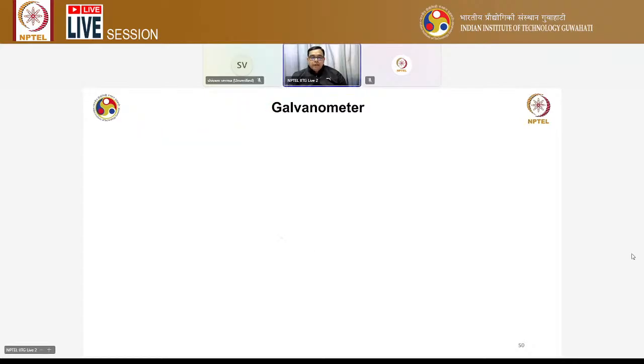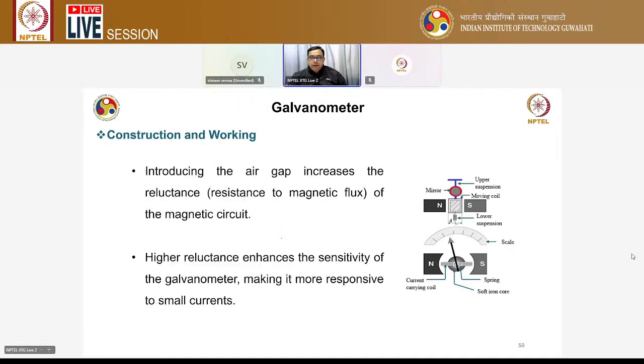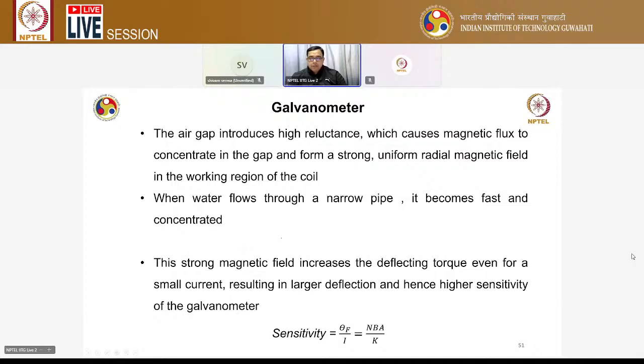In the case of the galvanometer, I will not go into the construction. I would rather go directly to the influence of the air gap. The air gap introduces high reluctance, which causes the magnetic flux to concentrate in the gap and form a strong uniform radial magnetic field in the working region of the coil.